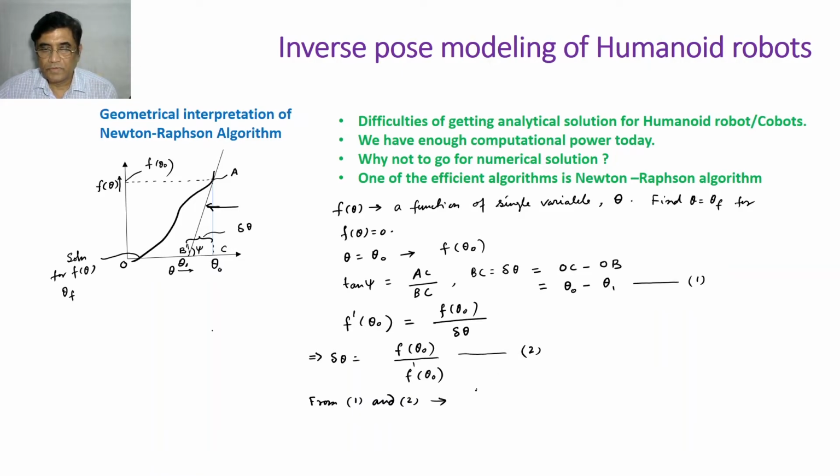So theta 0 minus theta 1 equals f of theta 0 divided by f dash, its first derivative at that point, evaluation at that point, right?